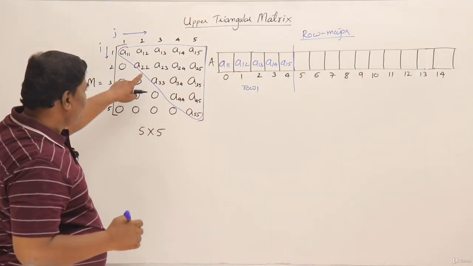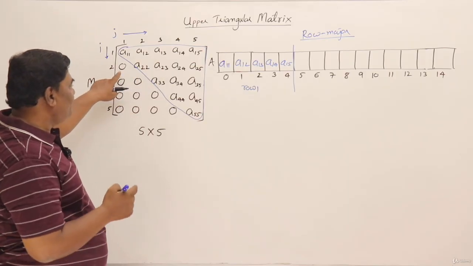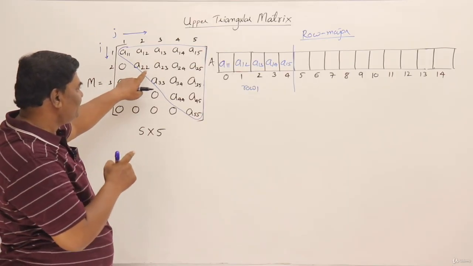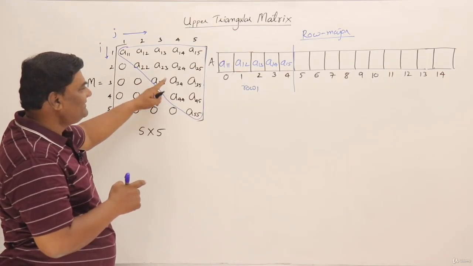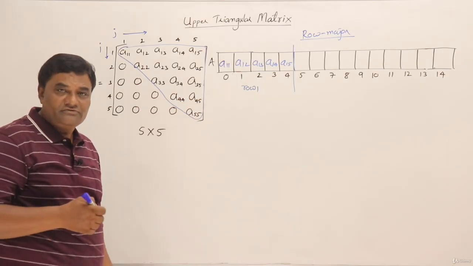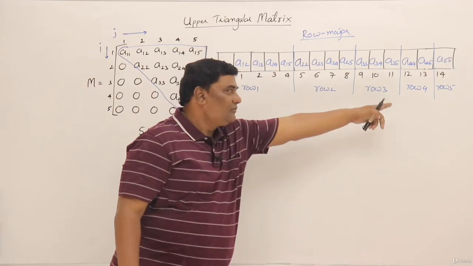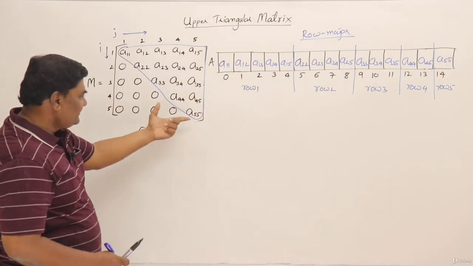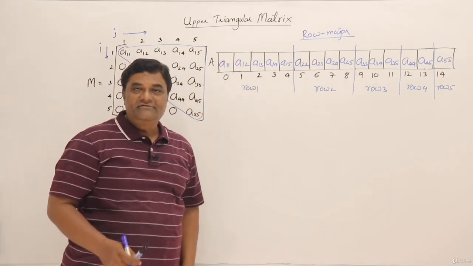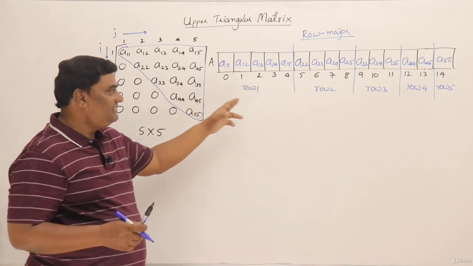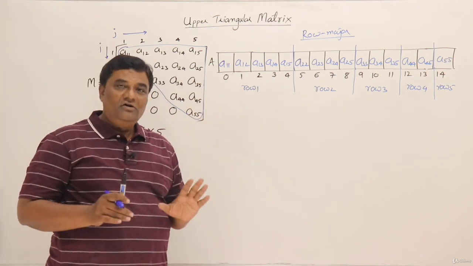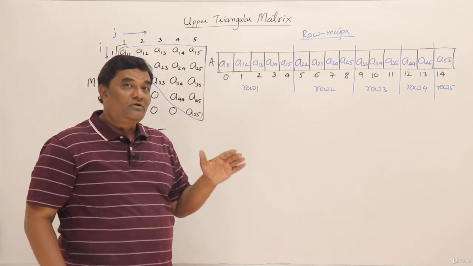The next row starts from 2, 2, not from 2, 1. The next row is 3, 3 onwards. Like that, I will fill up all those rows. This is how I have filled row 1, row 2, row 3, row 4, row 5. The last row has just one element, and the first row has 5 elements. In this way, all these elements are stored row by row.